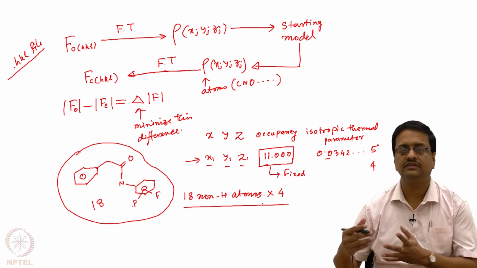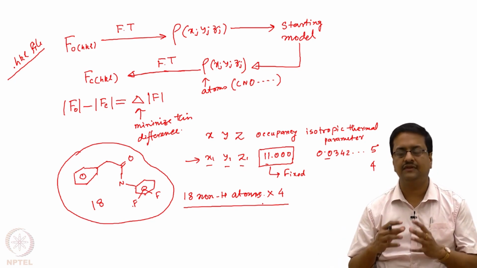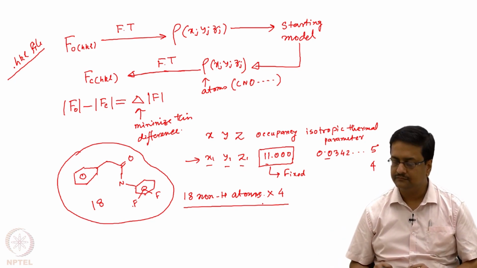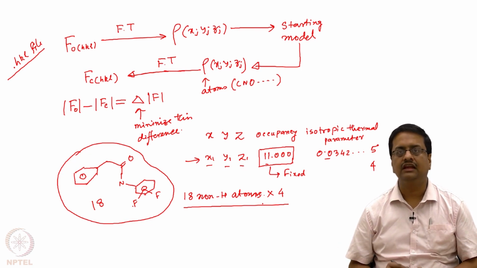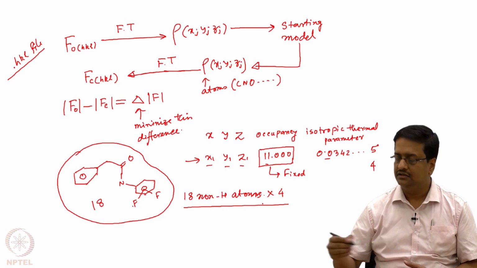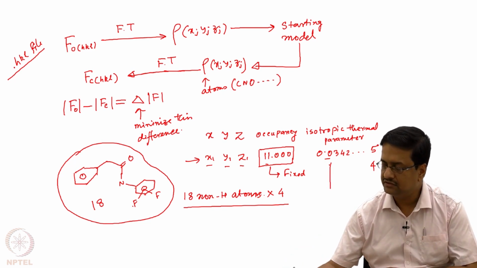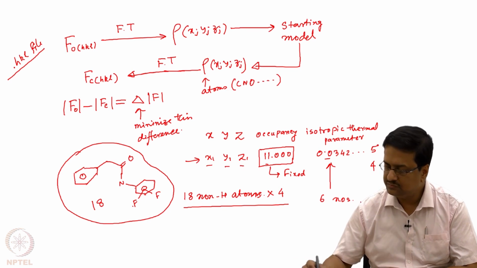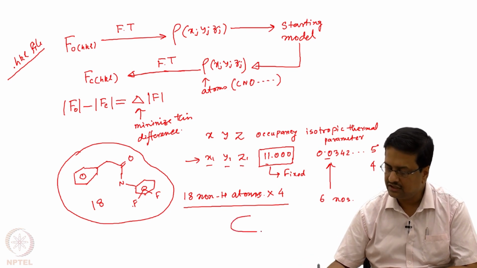And these are isotropic thermal parameters, so this is a spherical representation of an atom. Then when we allow the anisotropic parameters to be defined, this thermal parameter changes to 6 numbers which represent the atom in an elliptical fashion.